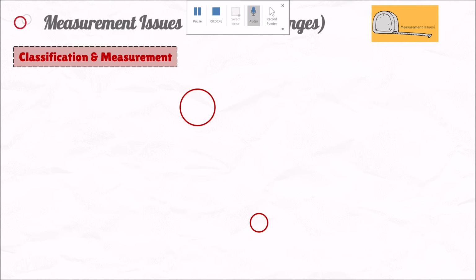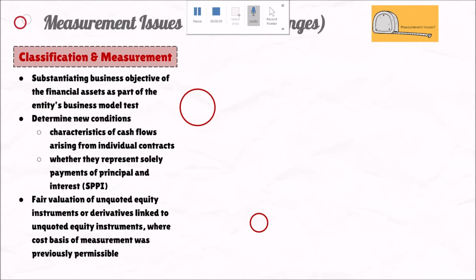Due to the new requirement in the accounting standards, measurement issues will arise, as in substantiating the business objective of the financial assets as part of the entity's business model test, and secondly, determining the new conditions, which are characteristics of cash flow arising from individual contracts and whether they represent solely payments of principal and interest, which are known as SPPI.